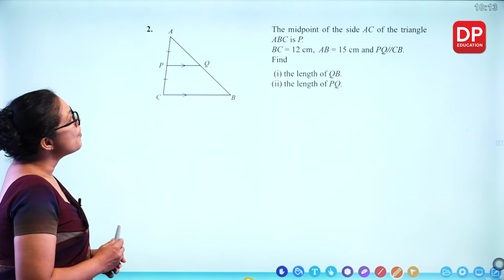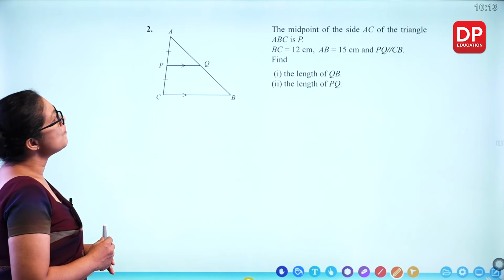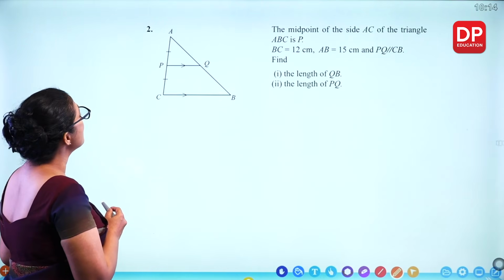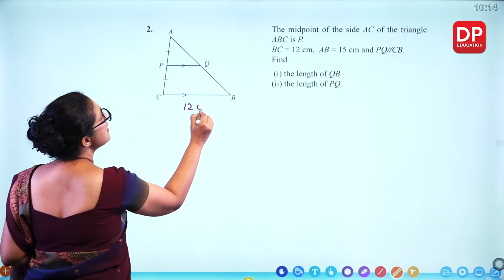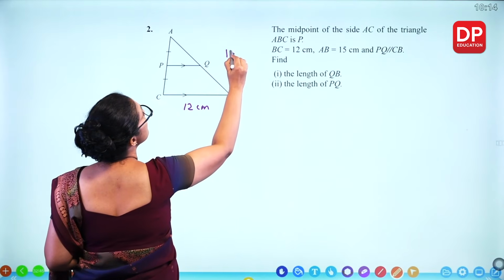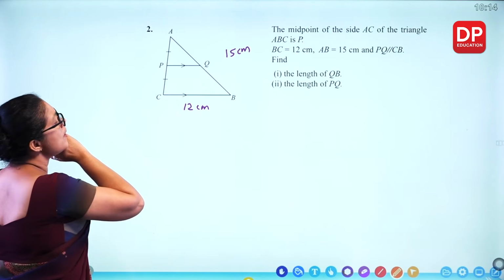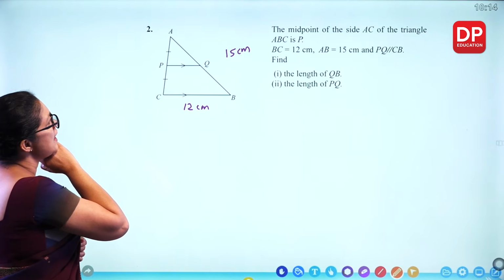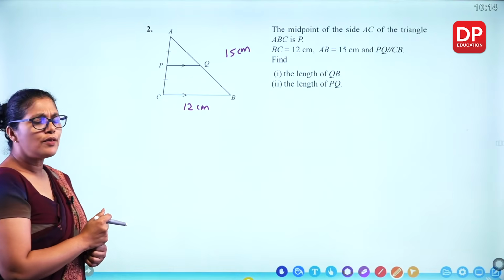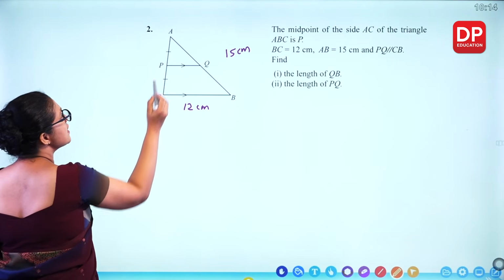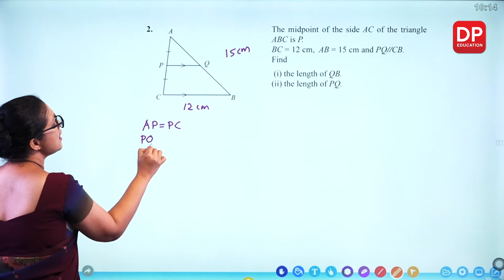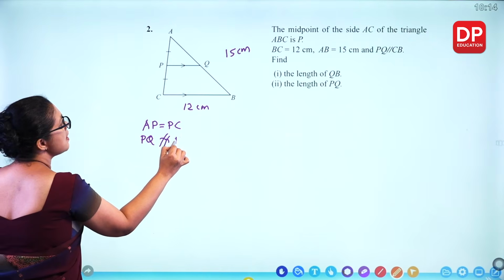Question number 2. The midpoint of the side AC of the triangle ABC is P. Already marked. BC is 12 centimeters. AB is 15. PQ is parallel to CB. Find the length of QB. Look carefully. This is the midpoint. AP is equal to PC given and PQ is parallel to CB.